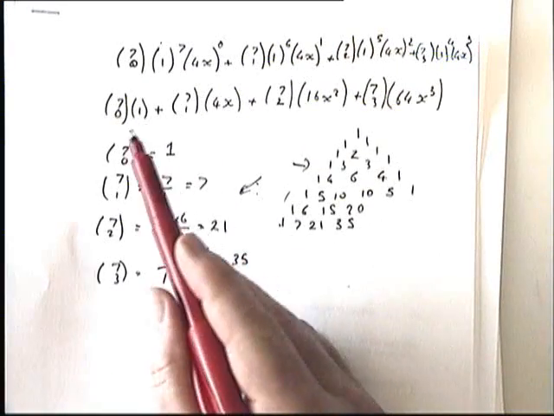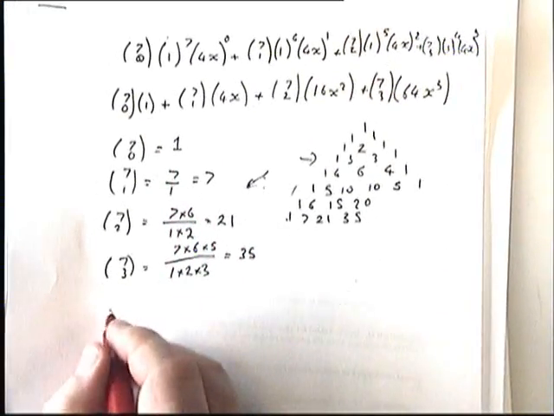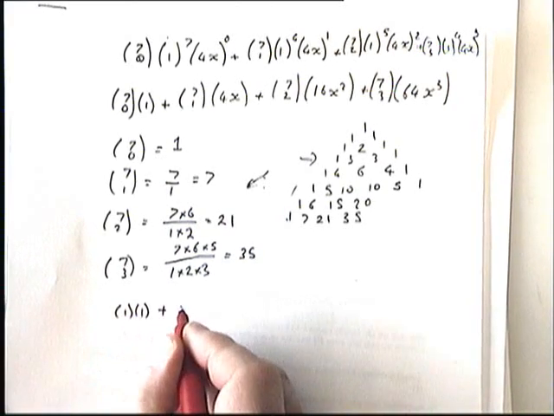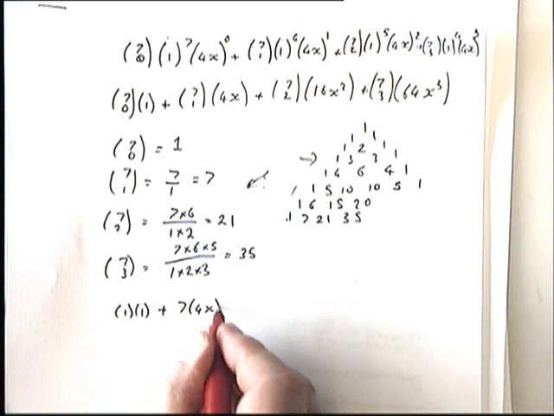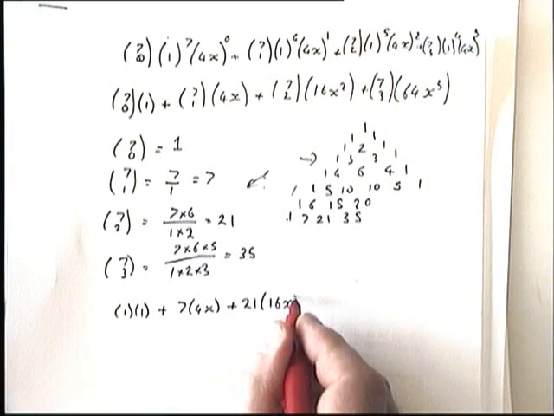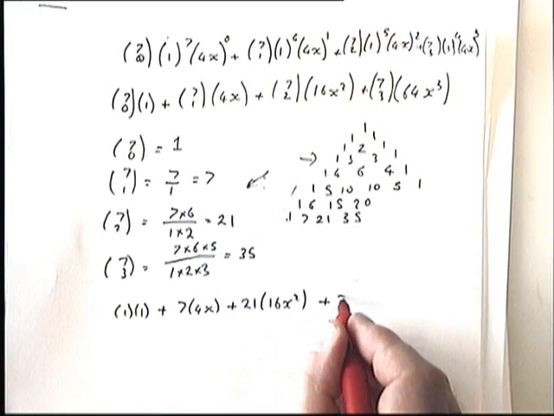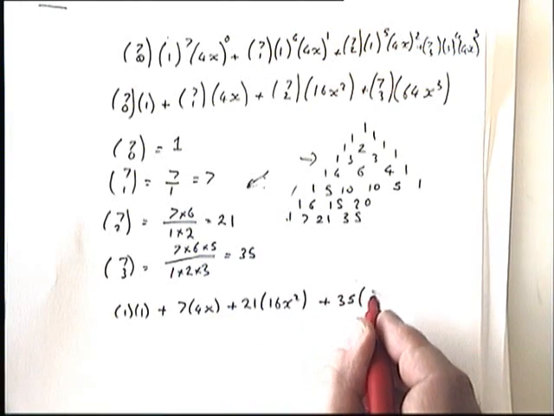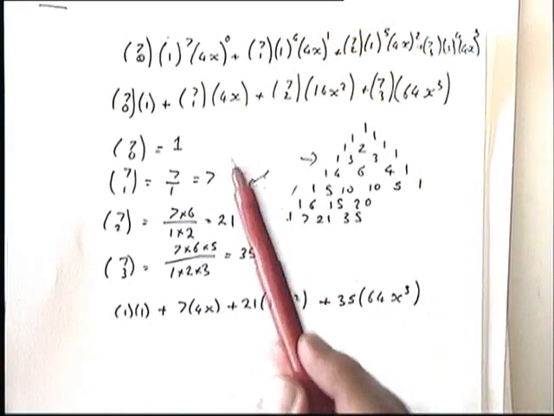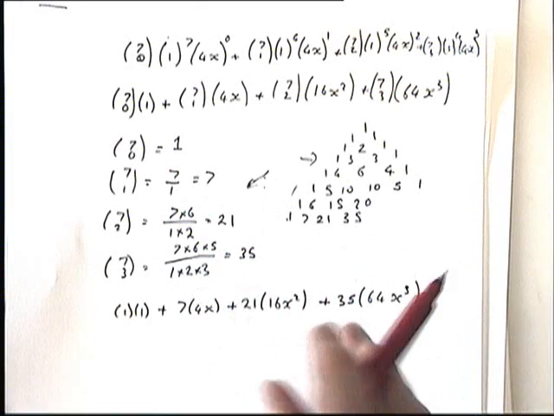Now we can substitute these values into our statement above, and we get 1 times by 1 plus 7 times by 4x plus 21 times by 16x squared and plus 35 times by 64x cubed. Now notice how I'm making absolutely clear on all my steps exactly what I'm doing.